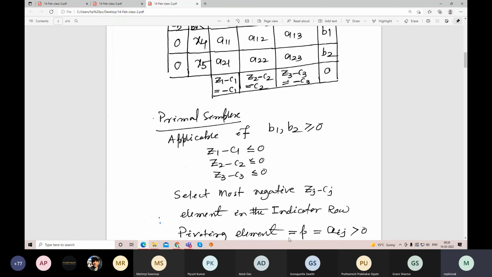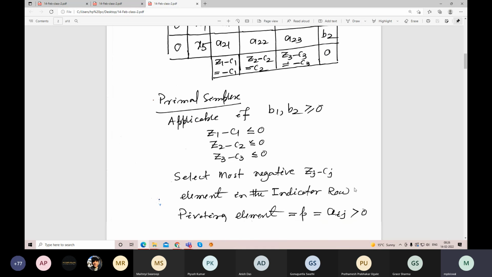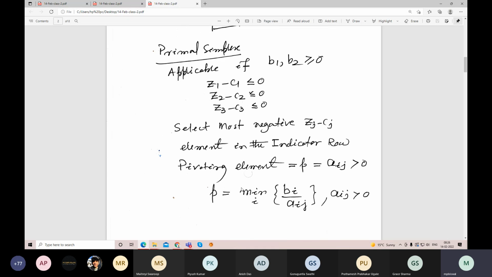Now the non-basic variable becomes a basic variable in the jth column. Now which one among the basic variables must leave? After selecting the most negative Zj minus Cj in the indicator row, we discuss the pivoting element. Let us say the pivoting element is P. What is P?